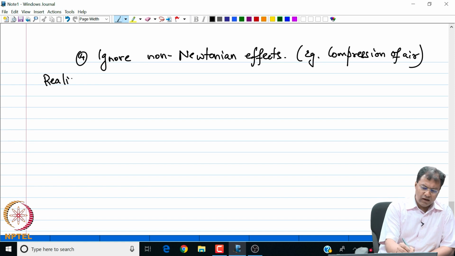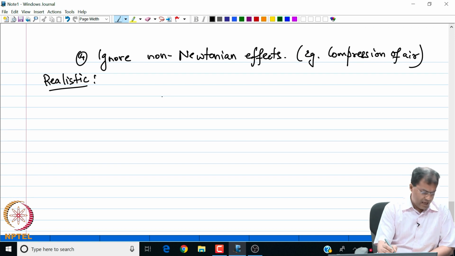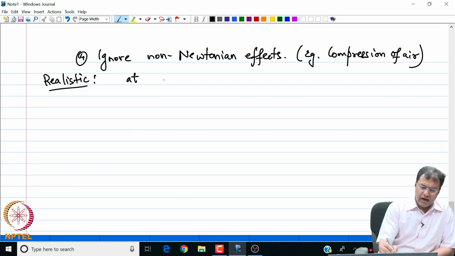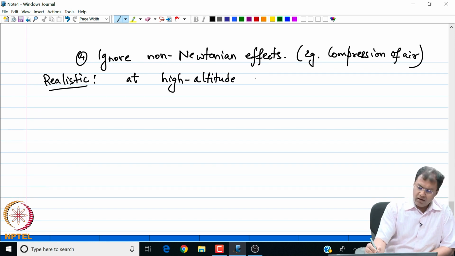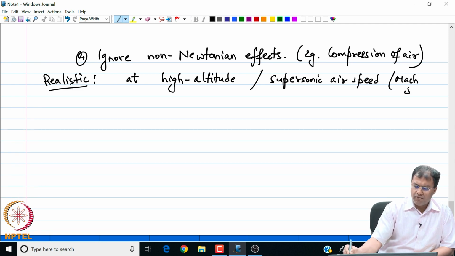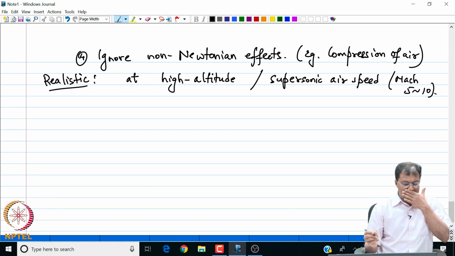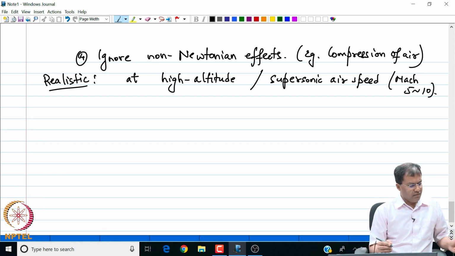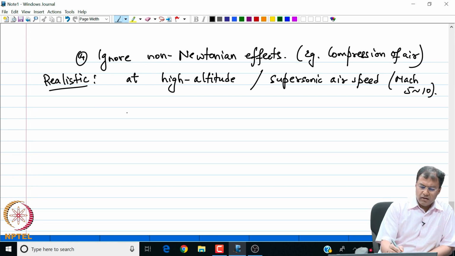So realistic cases under this assumption are objects moving through thin atmosphere, like high altitude motion where rockets move, with supersonic airspeed, typically of the order of Mach number 5 to 10, which is the speed where the rockets move.